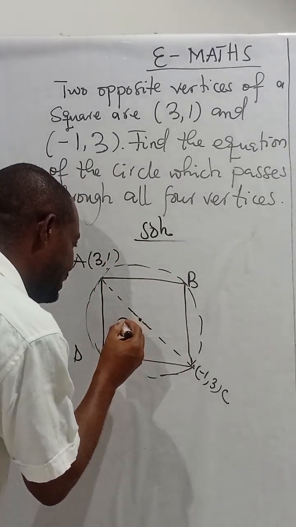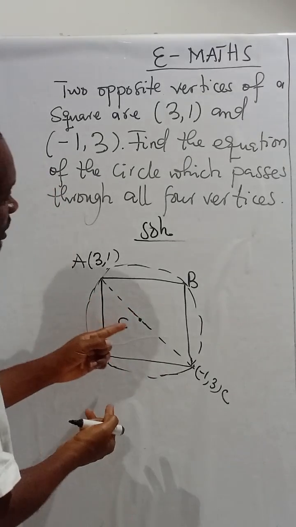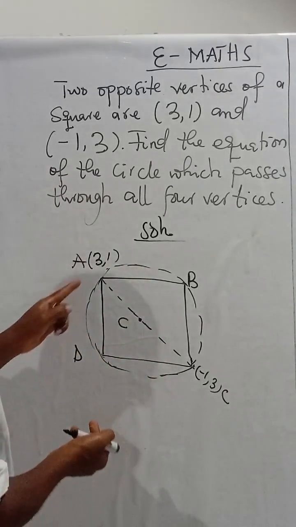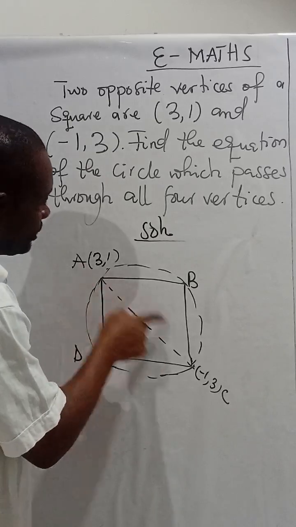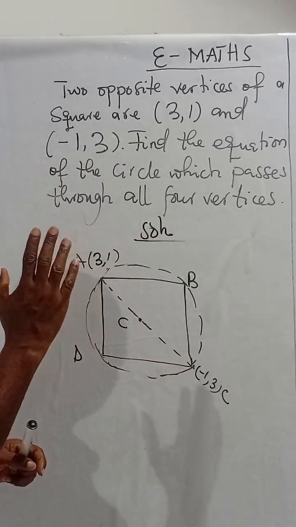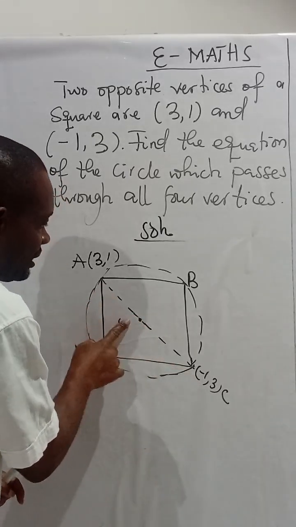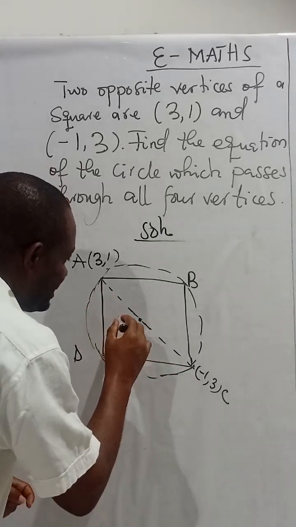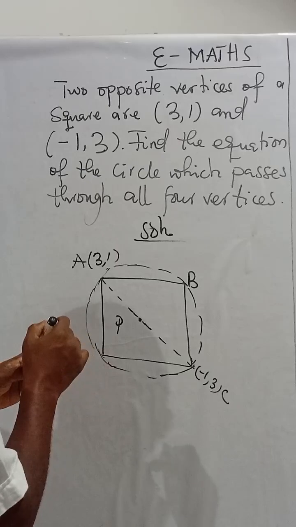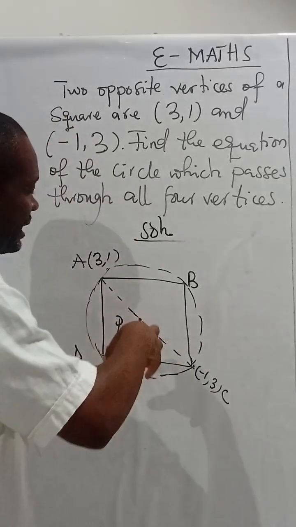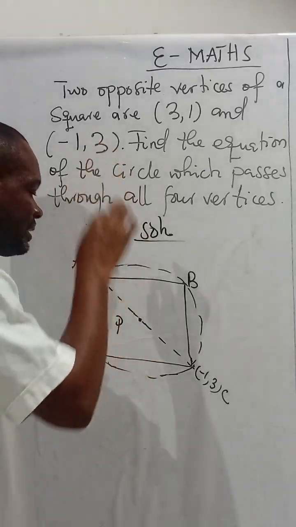Let's call that point P. When I find the midpoint of line AC, that will represent the coordinates of the center of the circle.